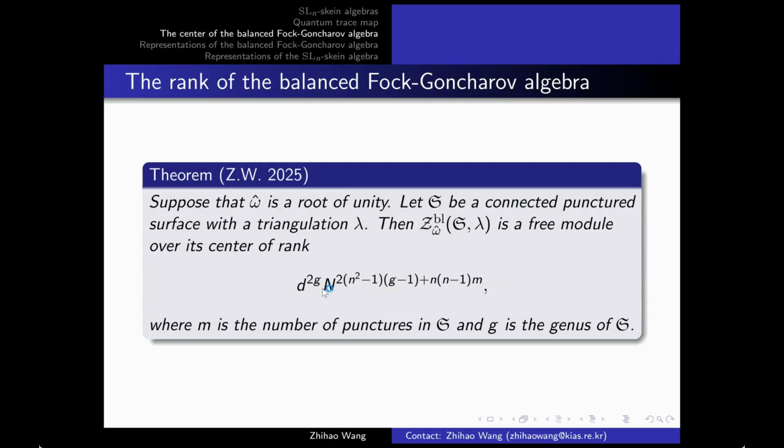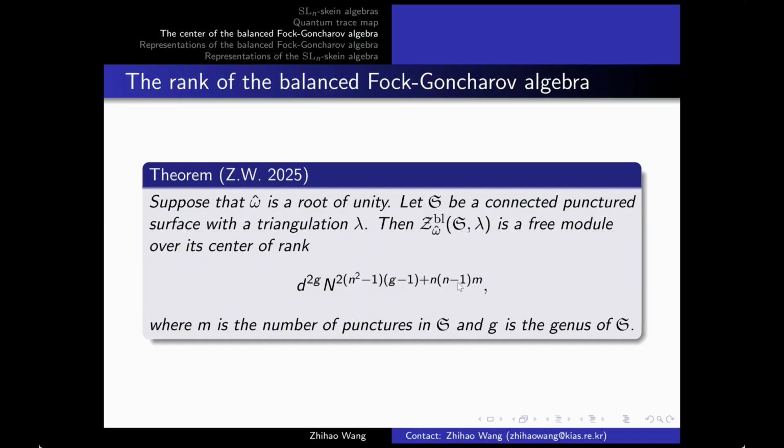For genus 1, just replace this G with 1. Here will become 0. So we only have this, and then here is D square. So it is always a square, because here we have a 2, here we have a 2, here is n times n minus 1.